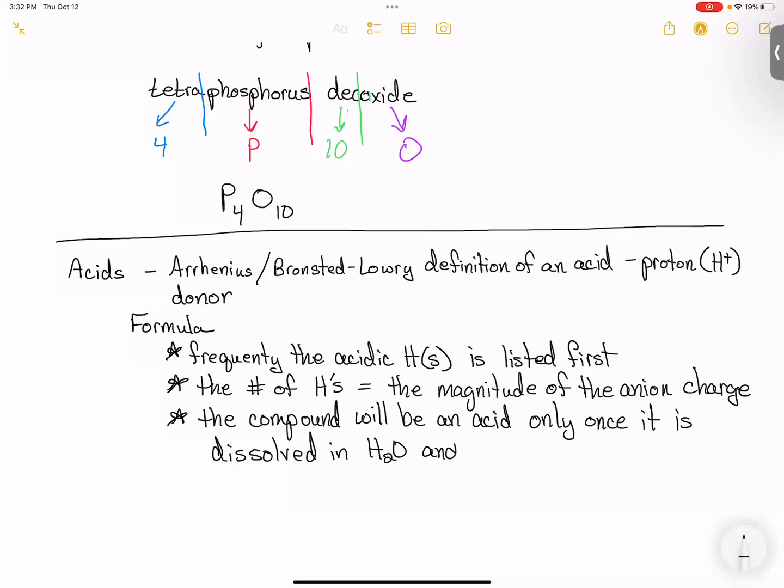And so it has the state of matter of aqueous, which we will represent with AQ. So we will include AQ in the formula.